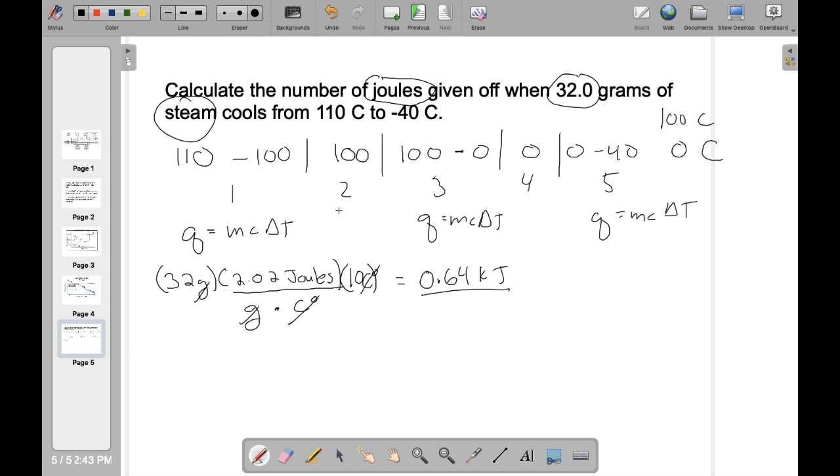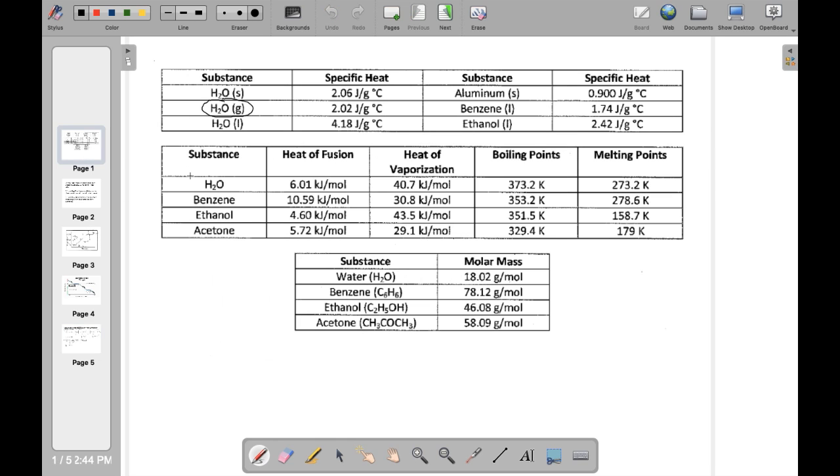This is going to be the heat of vaporization. And to do that, all we have to do is Q equals 32 grams times the heat of vaporization. But yet again, we have an issue here. This is in kilojoules per mole, and we have grams.